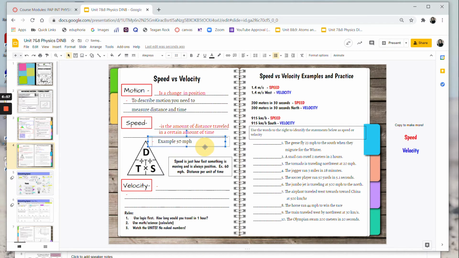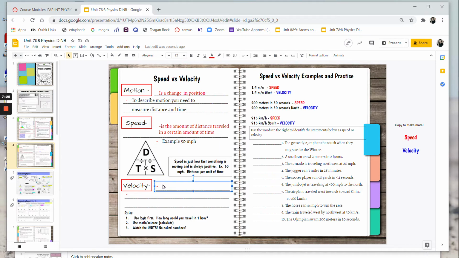Okay, and then there's the triangle. These triangles are super important for being able to calculate because you're not always going to calculate for speed. Okay, speed is distance divided by time. If you're looking for time, it's distance divided by speed. And if you're looking for distance, it's time times speed. Okay, and remember, speed is just how fast something is moving, and it's always positive.